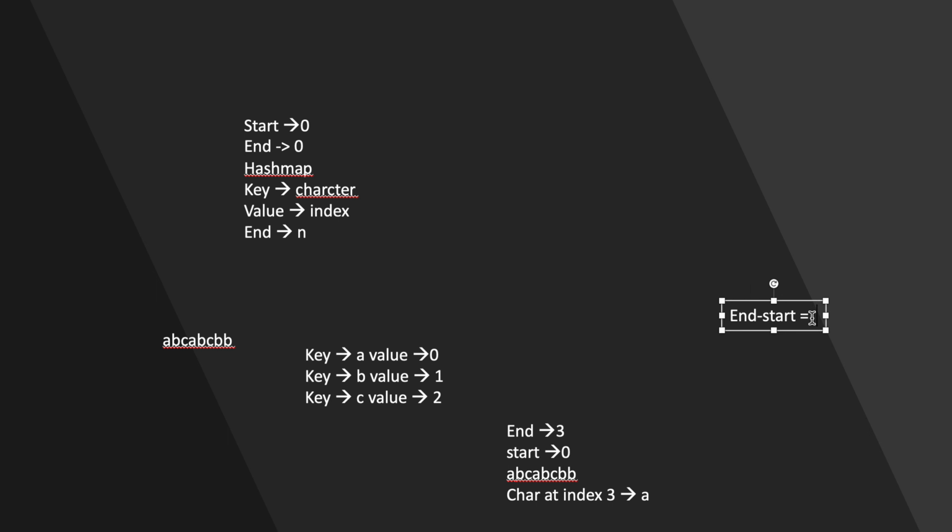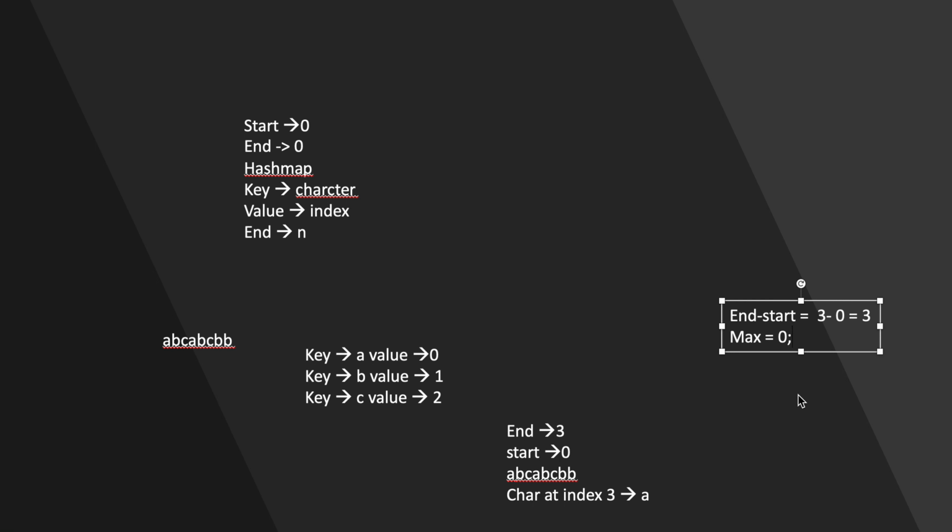So end minus start is equal to 3. Then we need to find the maximum value between length and resultant max variable. So value of length is 3 and initial value of resultant max variable is 0. So the maximum between these two values is 3.